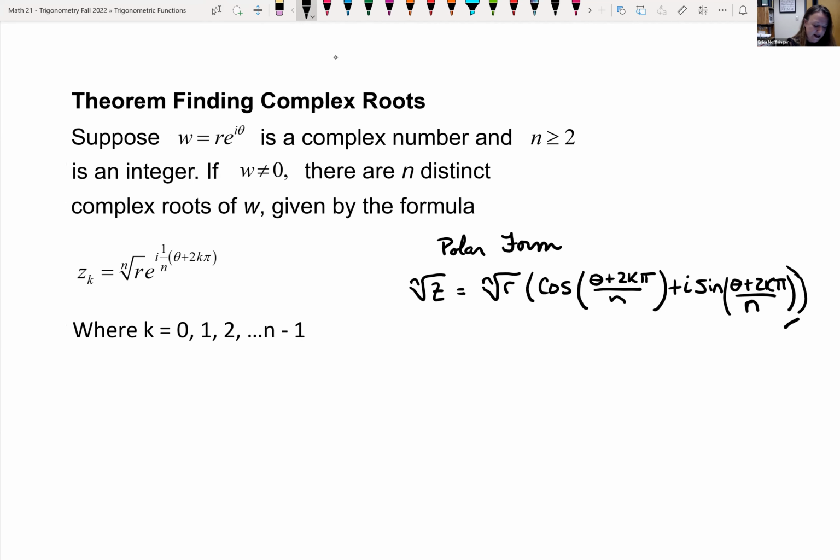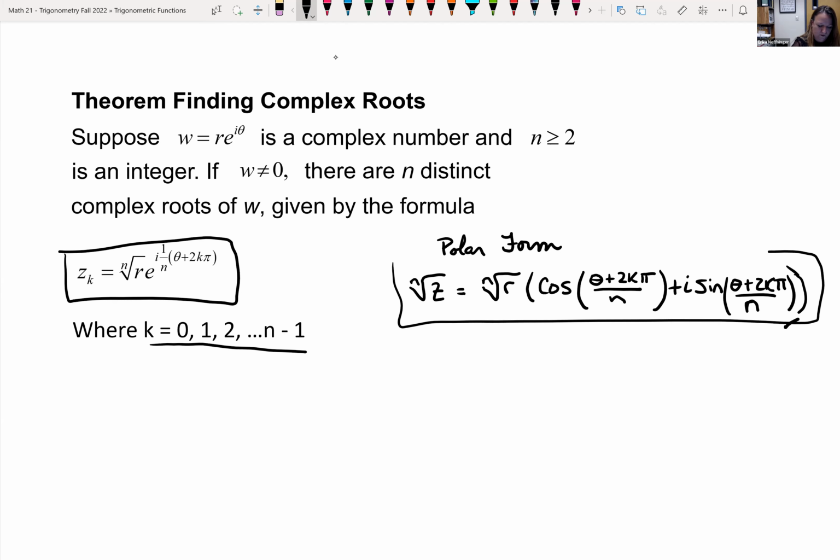Where again, k are the numbers 0, 1, 2, up to n minus 1. So let's look at a couple examples of finding the nth root of a complex number.